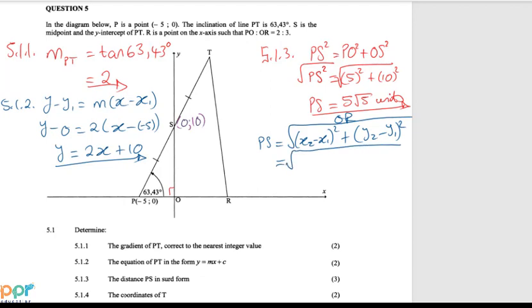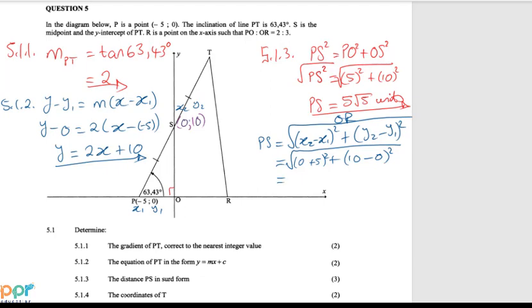So x2 is 0 minus x1, so it will be plus 5, whole squared, plus y2, which is 10, minus y1, which is 0. And remember, if I say x2 here, it must be y2 here, and if I say x1 here, it must be y1 here. I can't say x2 here and then y1, otherwise your answer will be wrong.